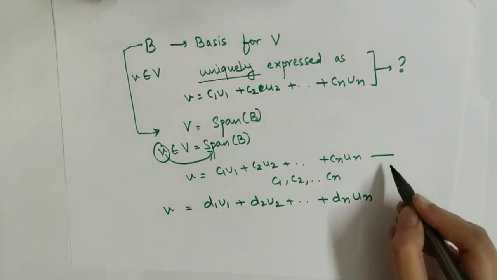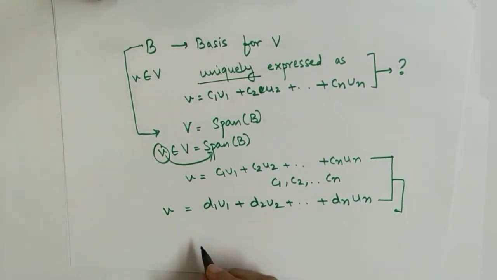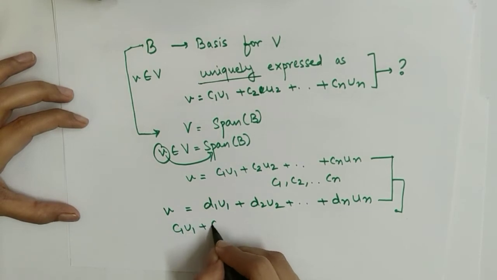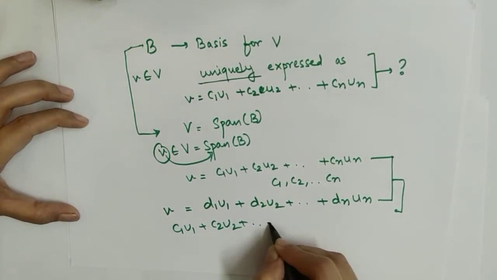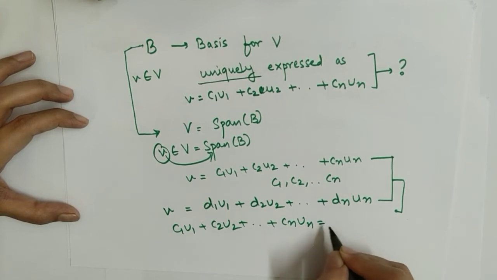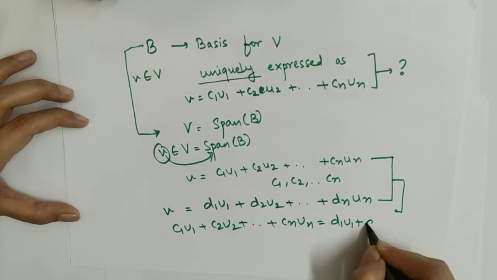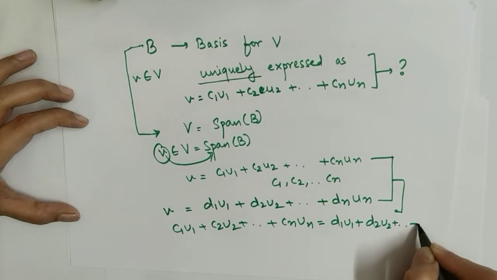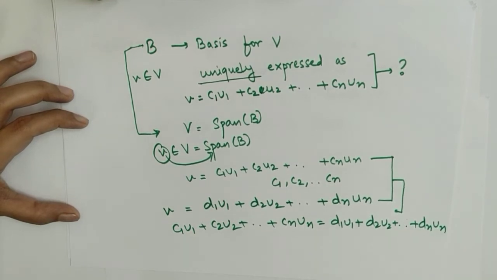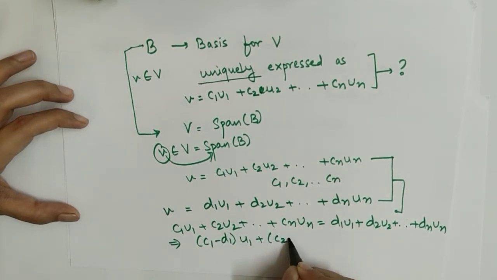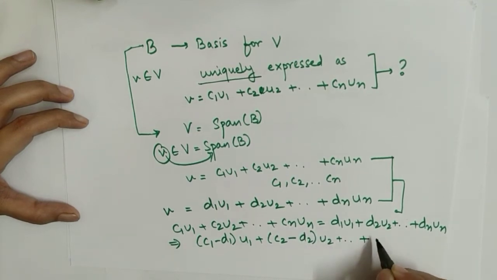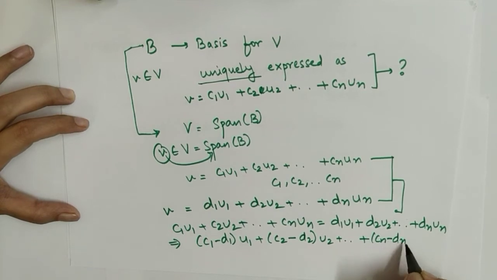Using these two, we can write c1u1 plus c2u2 plus up to cnun is equal to d1u1 plus d2u2 plus up to dnun. This implies (c1 minus d1)u1 plus (c2 minus d2)u2 plus up to (cn minus dn)un is equal to 0.